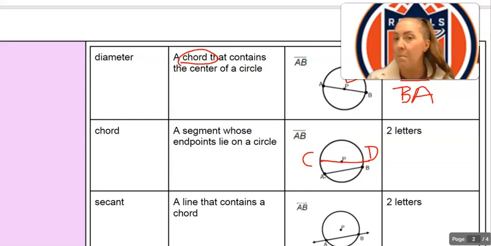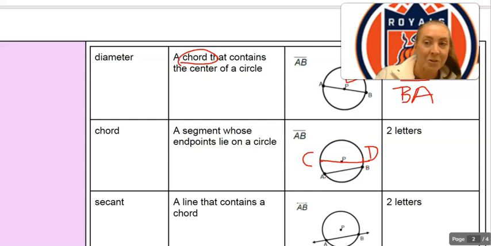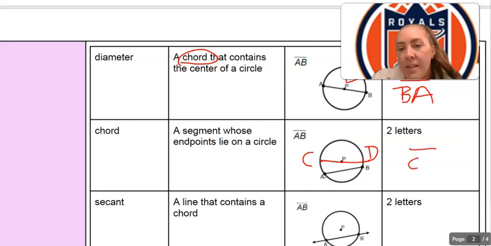Diameters are chords, but not all chords are diameters because they don't all go through the center. So I had chord AB and I can have chord CD. I do want you to know that if it goes through the center, it's also a chord, but it's a diameter, which is the better name. Like saying, I'm a girl, but Mrs. Eden, that's my more specific name, which is better because it's more specific to me.